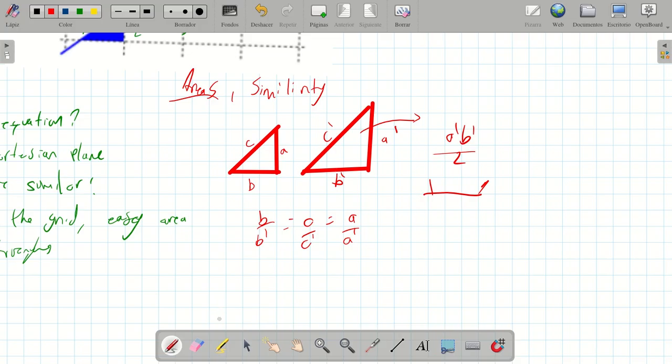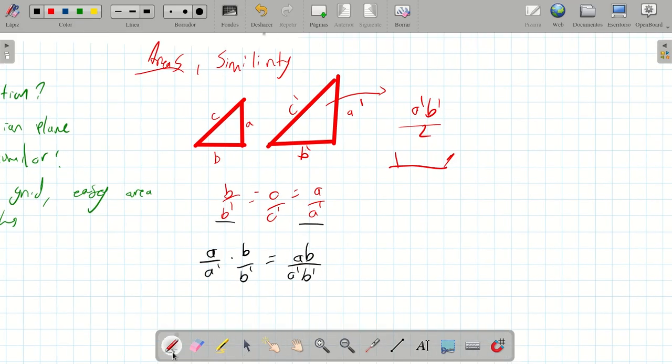The only thing I did was to multiply this fraction, so it means that I did times B. As you can see, this is the area of this triangle, this is the area of this triangle. It doesn't matter that you don't see the 1/2 because it's very easy.